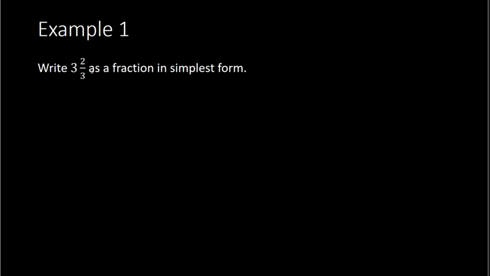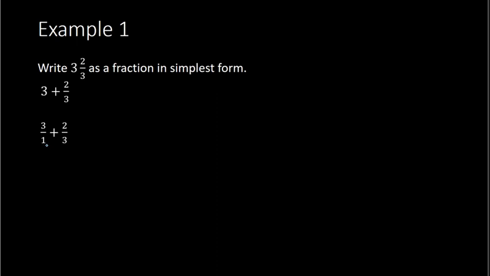All right, so we are trying to write this basically as an improper fraction. Now you've learned how to do this before, but this is just to remind you of the process. We can think of 3 2/3 as 3 plus 2/3. Okay, and then 3 I can think of as 3 over 1. And to add these together, I need a common denominator.